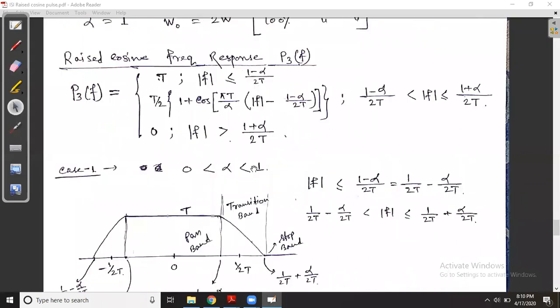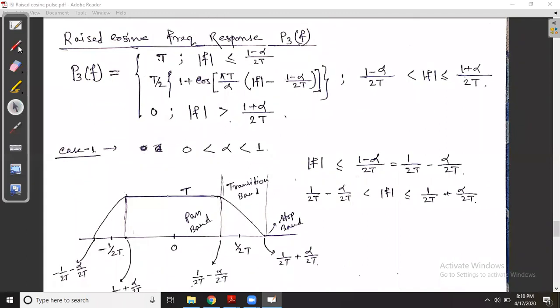Now see. P(t), that is in time domain. If you apply Fourier transform on that, you will have P(f). That means P(t) is converted into P(f) in frequency domain. If you apply Fourier transform on P(t), all of you know this one. After applying Fourier transform, we get a big standard equation.